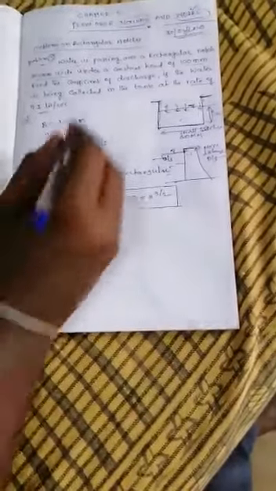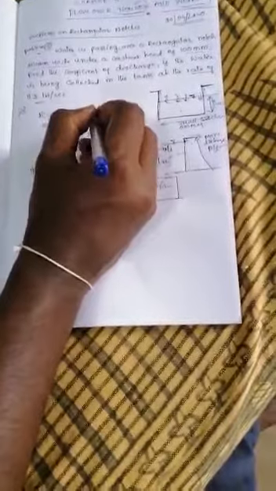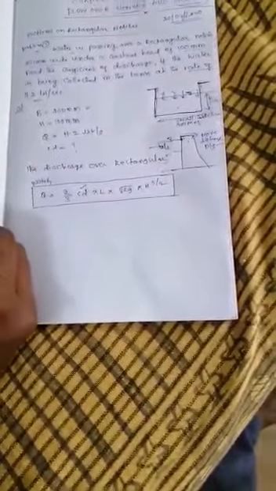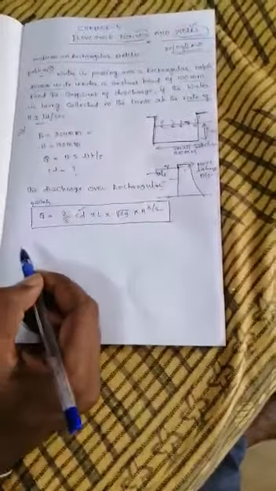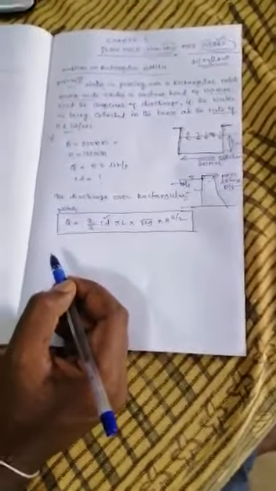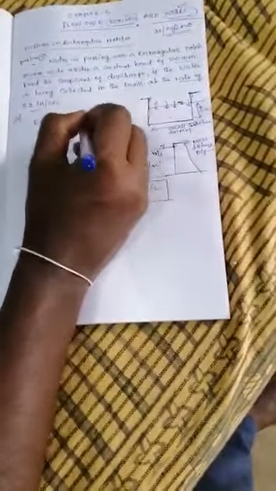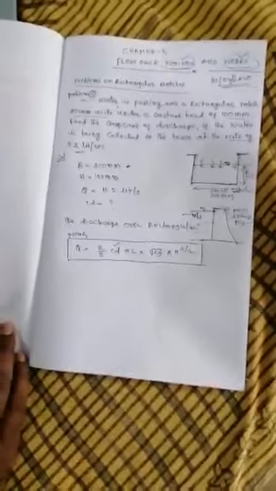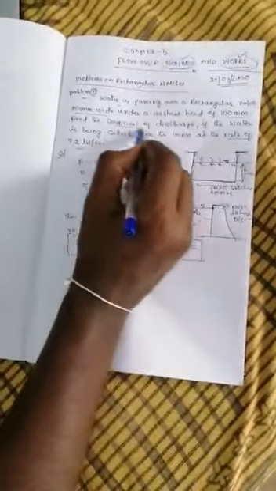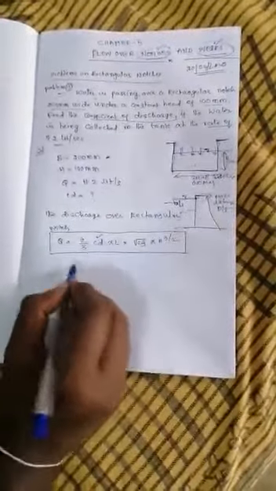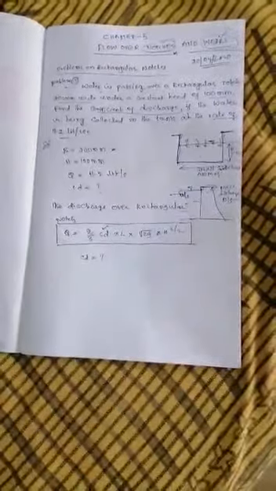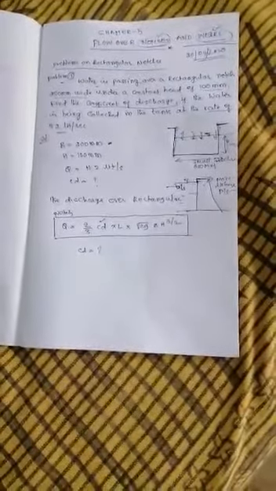B is given as 200 mm, H is given as 100 mm, and Q is given in liters per second. All the units should be converted into the same units. Our aim is to calculate the coefficient of discharge, so all the units should be converted into meters.